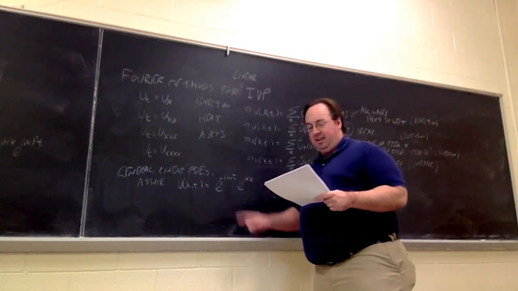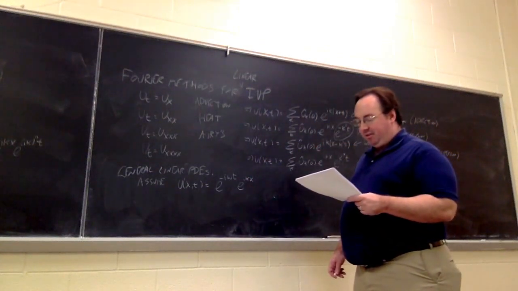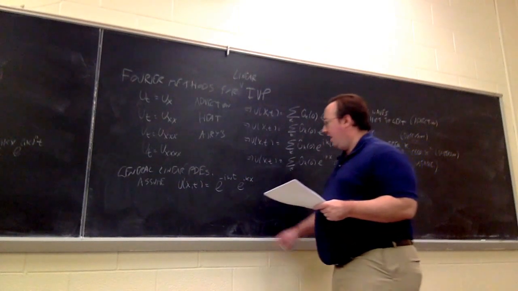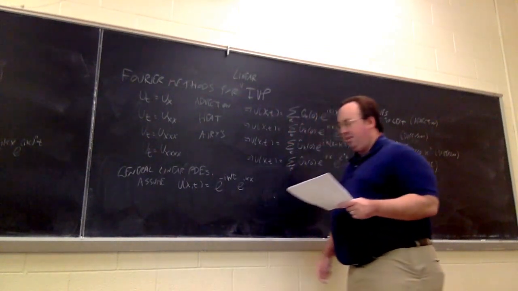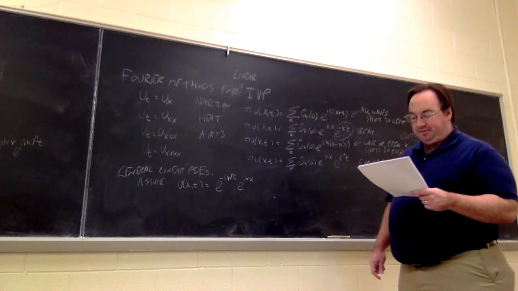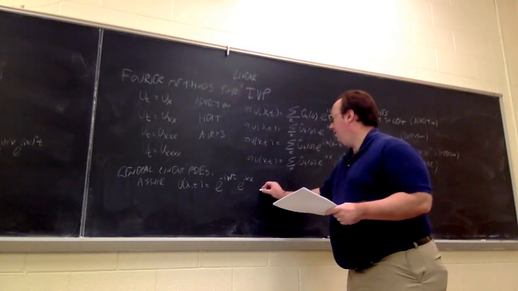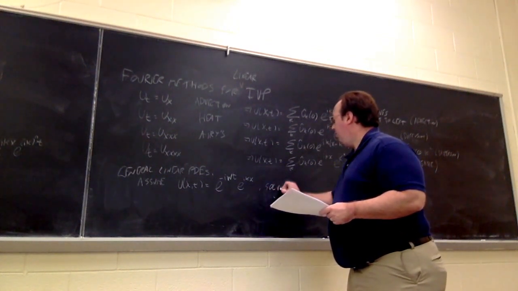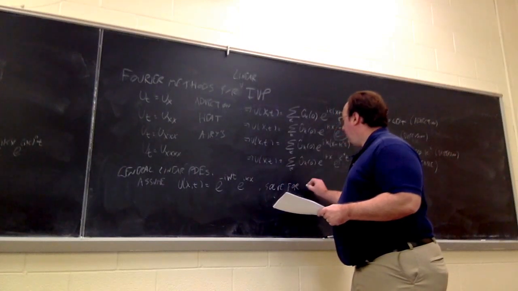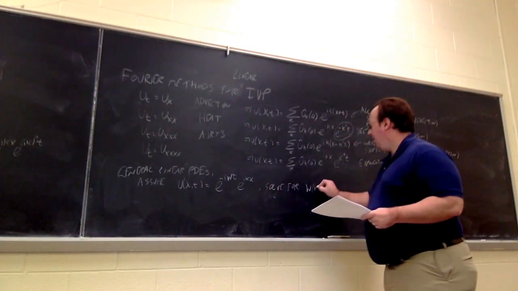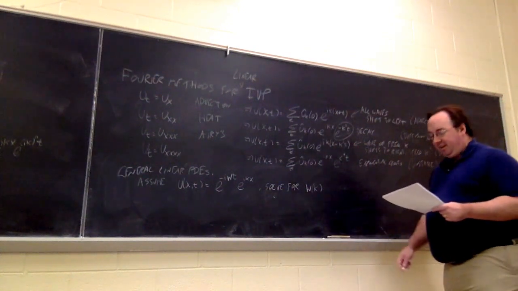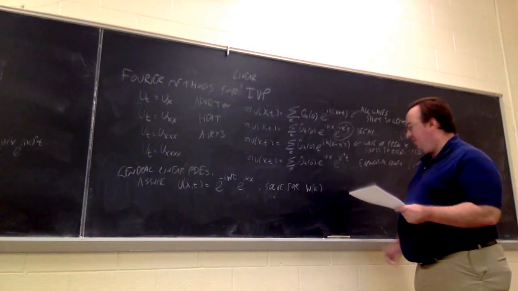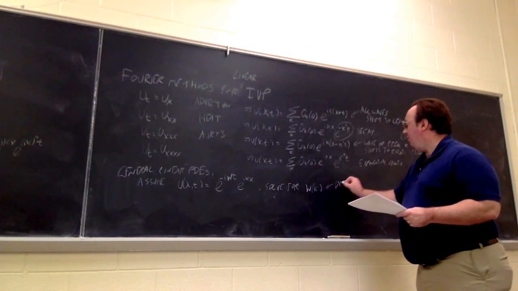So omega is unknown. Or actually, sorry, in the notes it was just written as a plain old w, not omega. So you solve for w in terms of k. So it's going to depend on k. And this is called a dispersion relation.